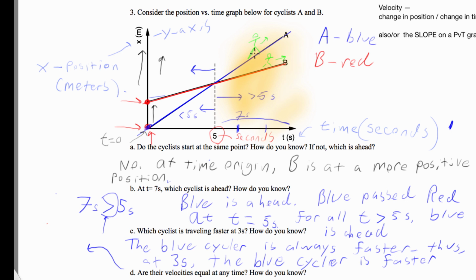Who's climbing a steeper hill? This guy is, because the line's steeper. That means the slope of this line is higher. That means if we've defined velocity as the slope of a position versus time graph, that A, blue, has a higher velocity because the slope is higher, it's steeper.